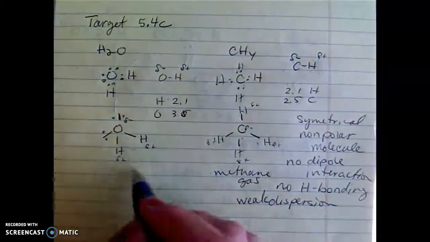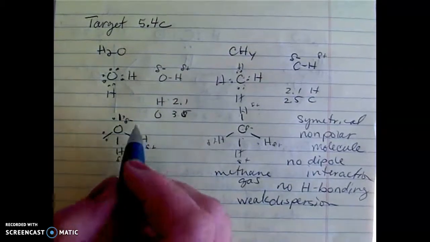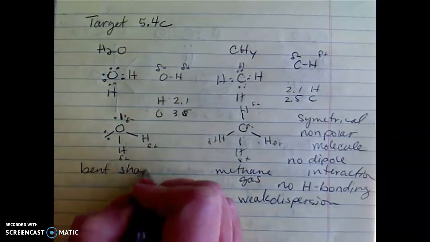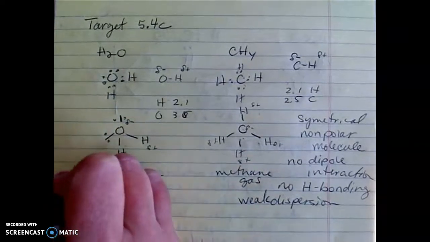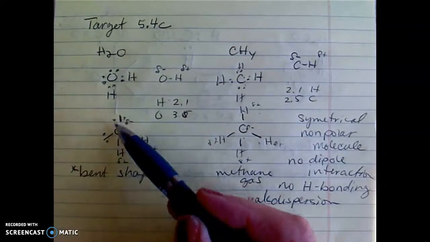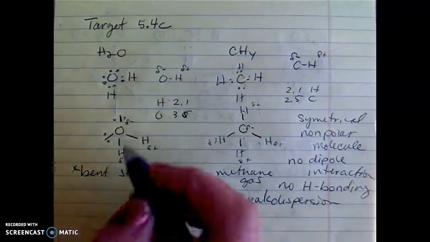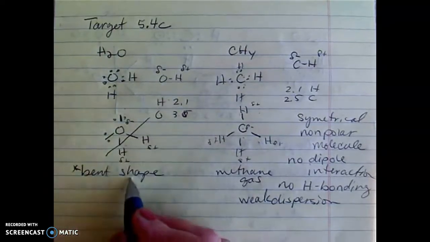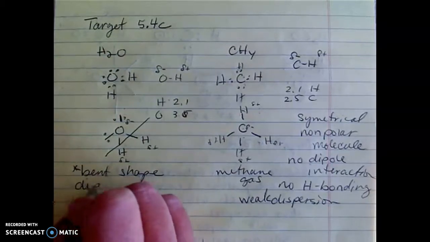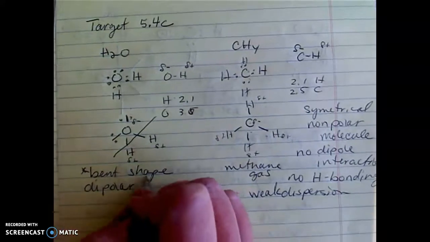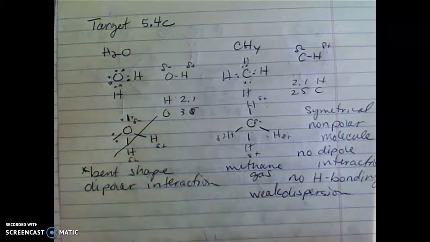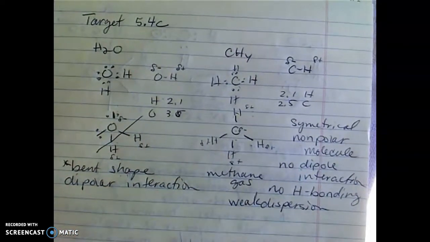Here, when you look at this shape, you have a bent shape. This is super important. You have a bent shape because you have those lone pairs of electrons, which means you can separate into positive and negative. So because you have a bent shape, you have a dipolar interaction. So water molecules can attract to one another based on their opposite charges.